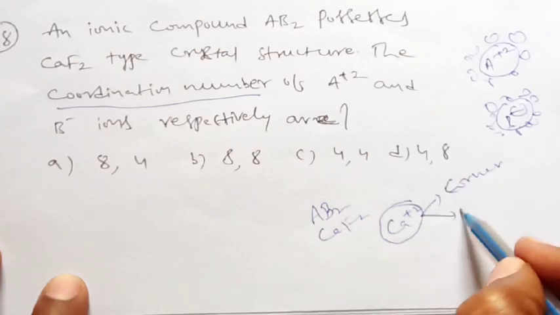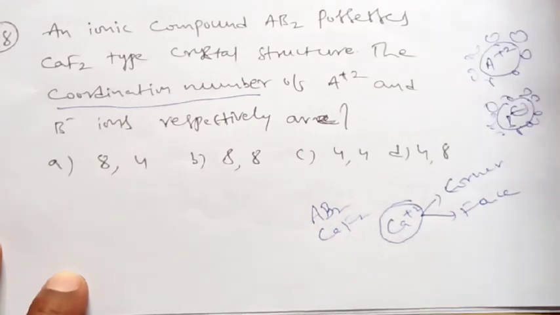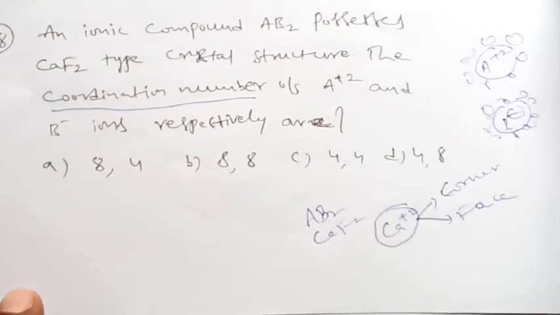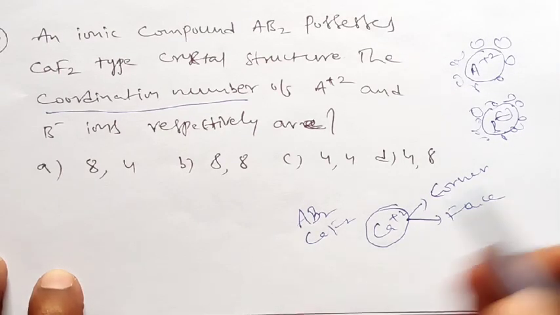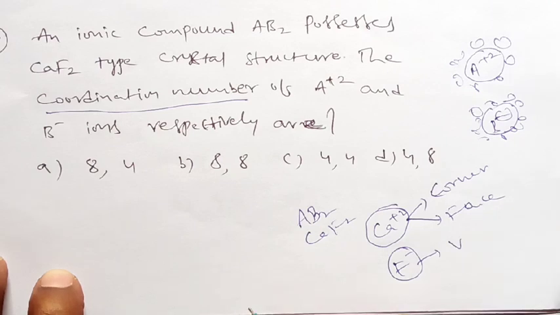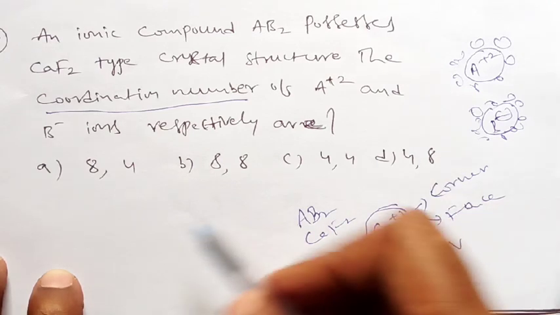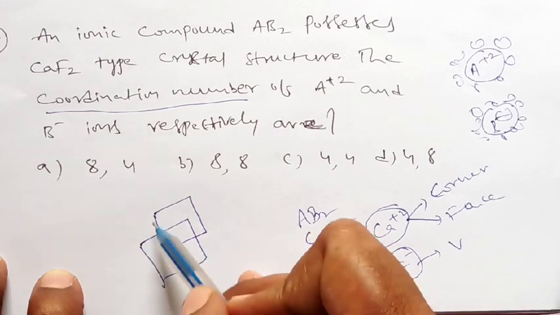Remember that in the fluorite structure or AB2 type structures, the Ca2+ cation occupies corners and faces. F- occupies the voids, especially at what place it is attached. For example, if you take this simple unit cell.